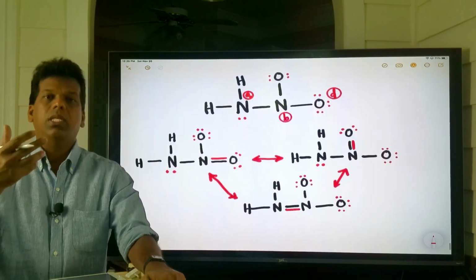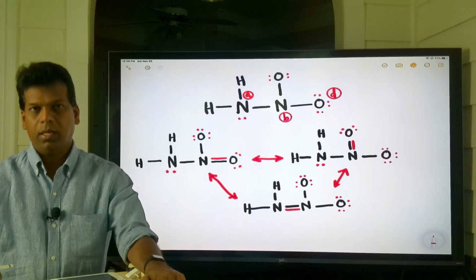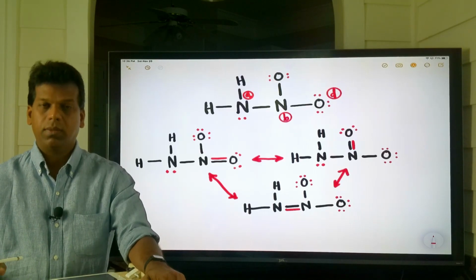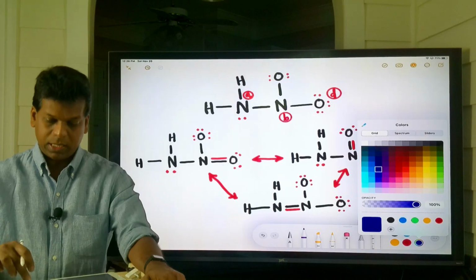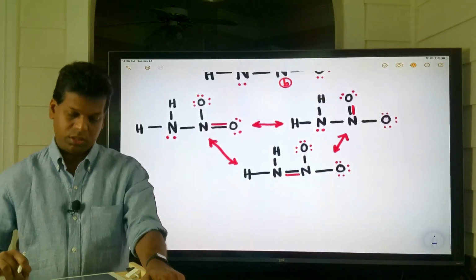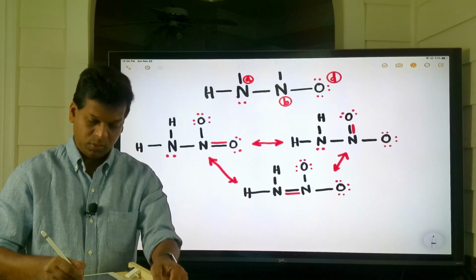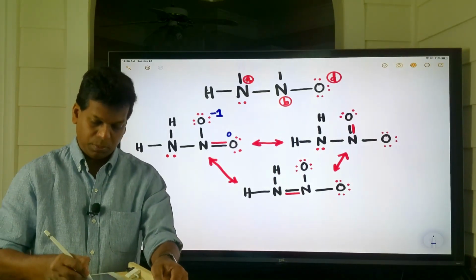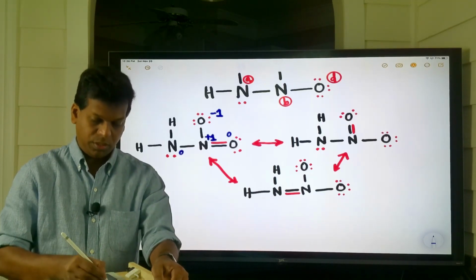If I ask you this way, which one is the most stable one? To answer that question, we have to look at formal charges. Let's quickly figure out the formal charges of each and every element in the 3 structures. Let's start with the first one. This oxygen is 0, this oxygen is -1, nitrogen B is +1, nitrogen A is 0, hydrogen is 0.